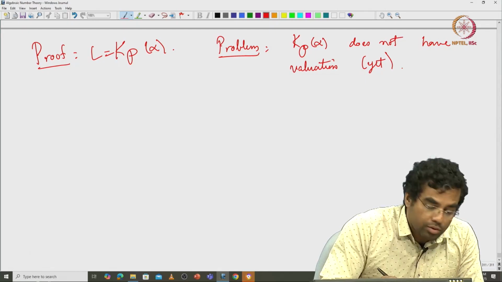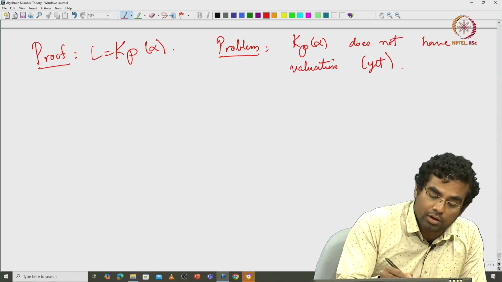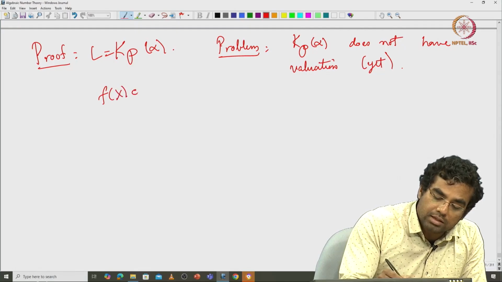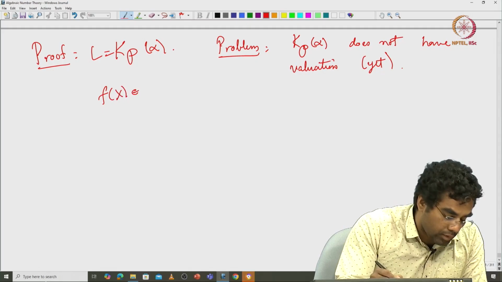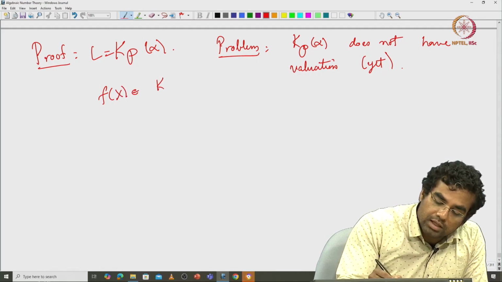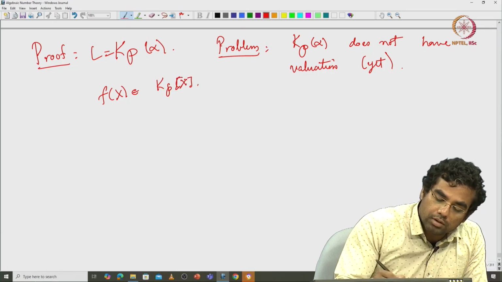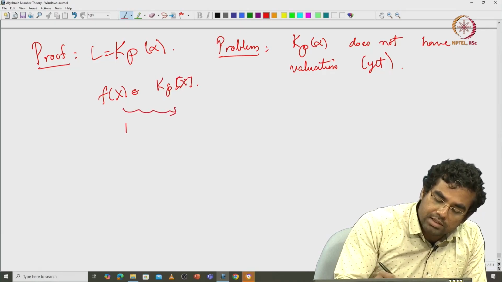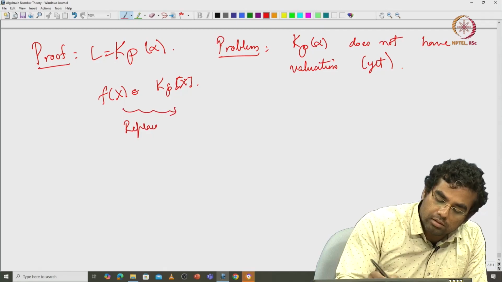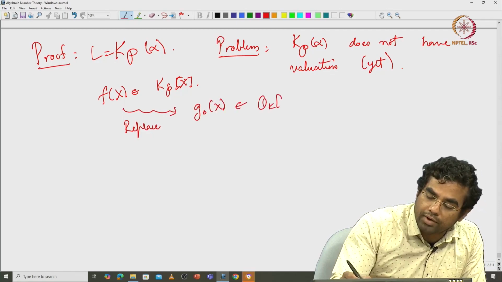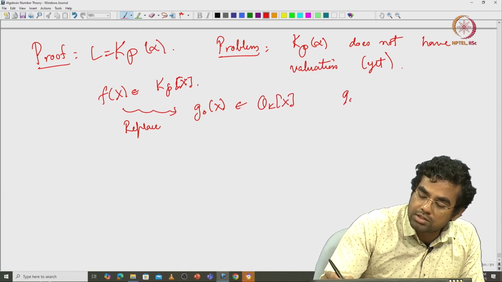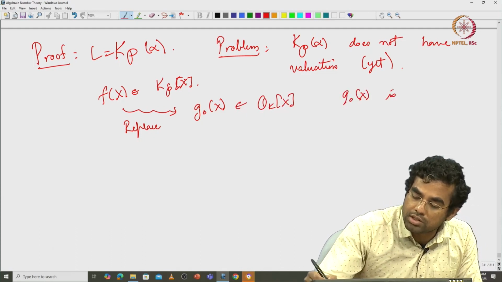So what I am going to do instead is the following. f of x is in K_P of x. We are going to replace this with g_0 of x in O_K of x such that g_0 of x is close enough to f of x.